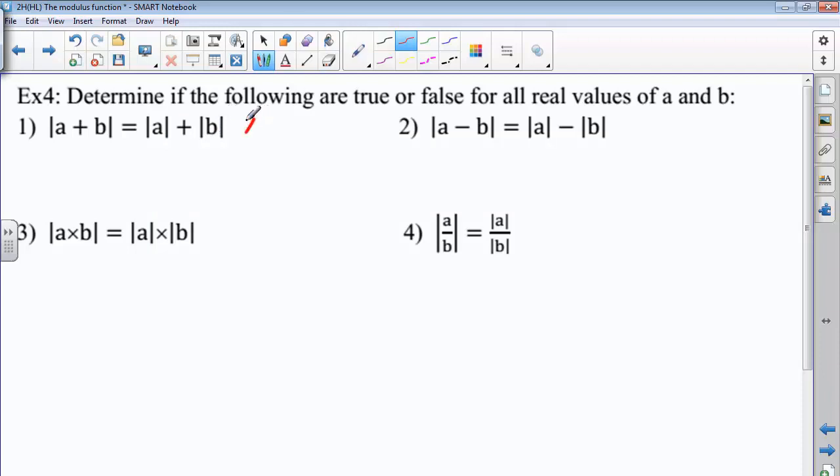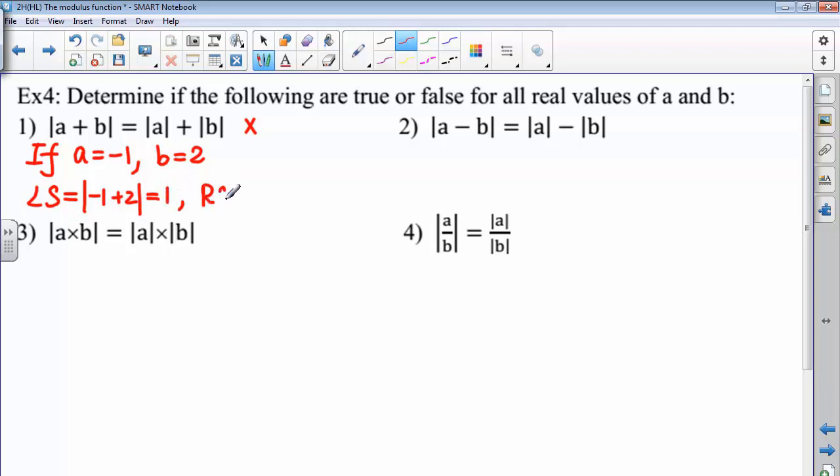This one is false. Okay, if I want to say this one is false, the only thing I need to do is give myself a counter example. For example, if a value is -1, b value is 2, you will see the left side is the absolute value of -1 plus 2, which is the absolute value of 1, which is 1.